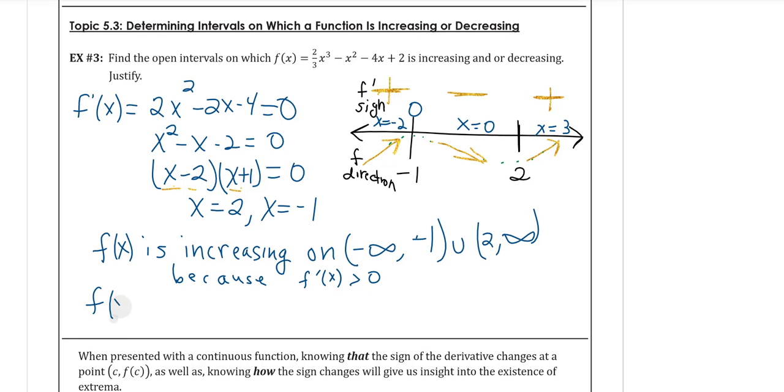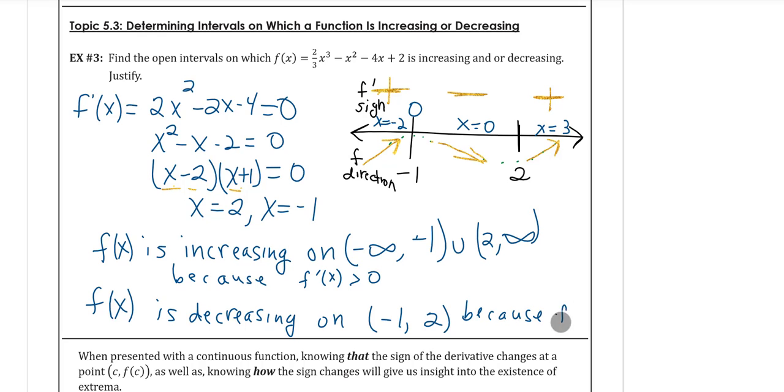And we can say that f of x is decreasing on -1 to 2 because f prime of x is less than 0, so it's negative.